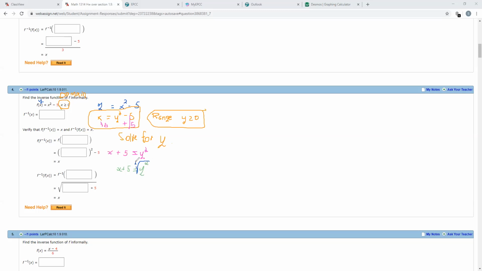You don't have to write the 2 when it's a root 2, it's the square root. And these compose out, it's really absolute value. Well, we'll skip that step and you get y equals plus or minus the square root of x plus 5.